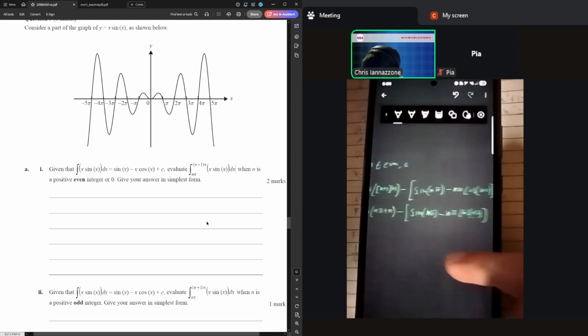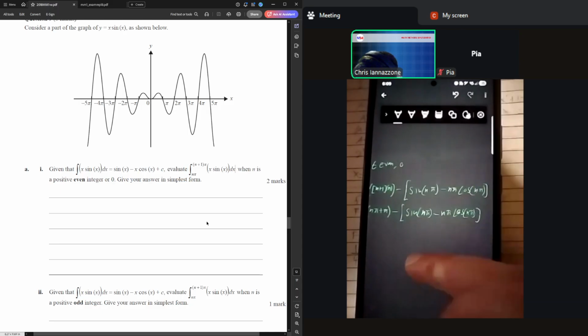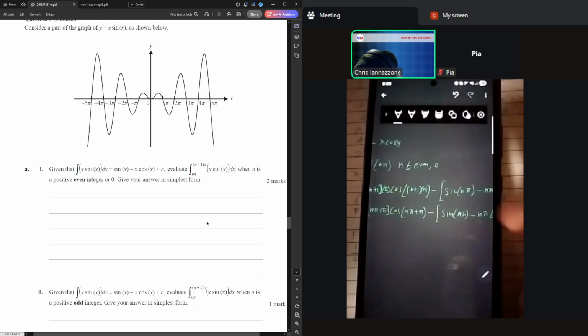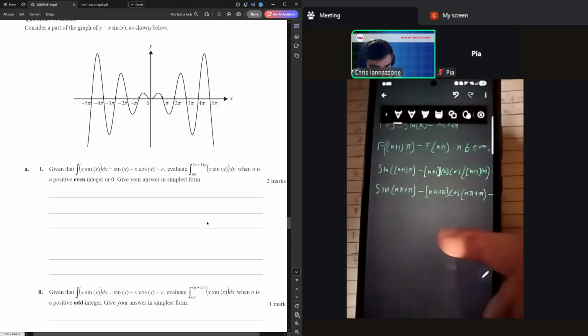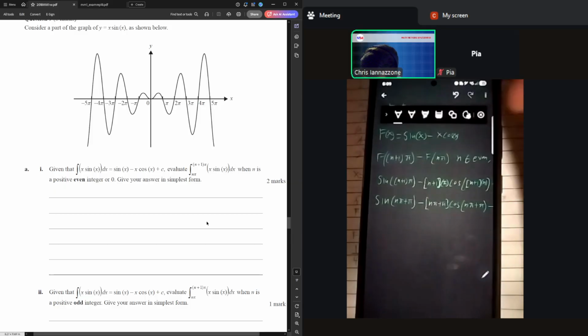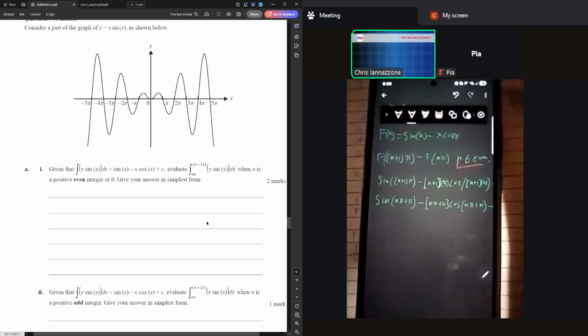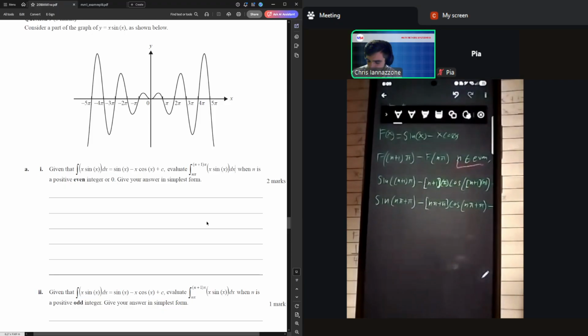From here we can't do a whole lot algebra-wise, because the brackets of the cosines and sines aren't the same. There's no immediate obvious algebra simplifications to be done here. So we've got to make use of the fact that n is even, and whenever you're dealing with circular function stuff, there are symmetries you can make use of.